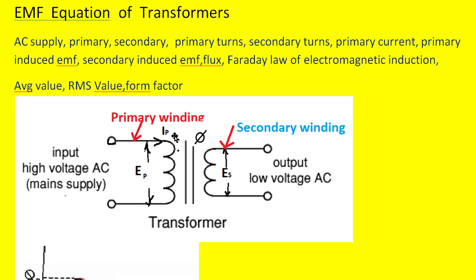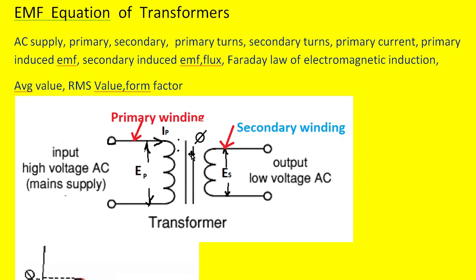So this current, as per Faraday's law of electromagnetic induction, produces a flux in the core like this, and that flux will link with the primary winding and also link with the secondary winding, and this flux nature is the same as the primary current, which is varying with respect to time, that is a sine wave.